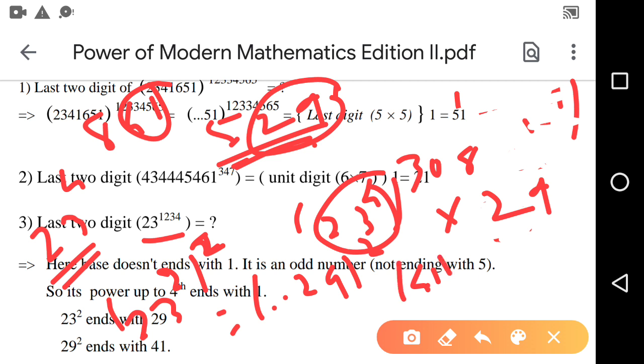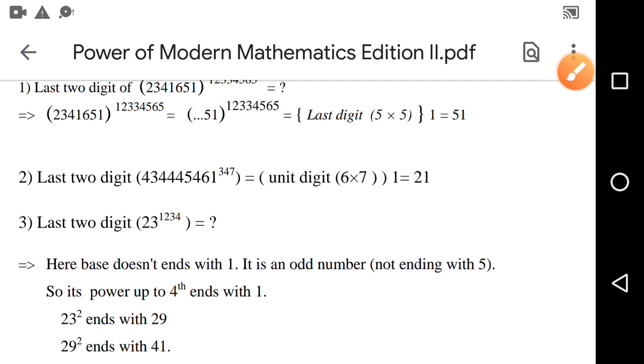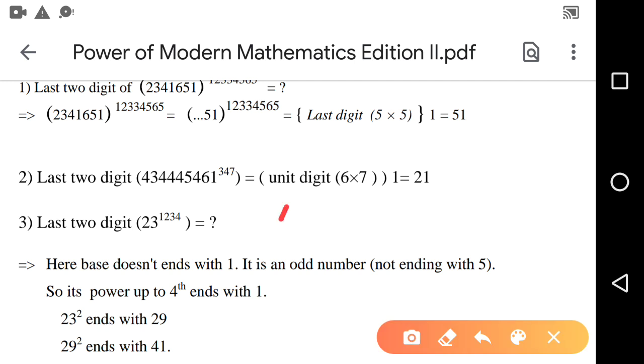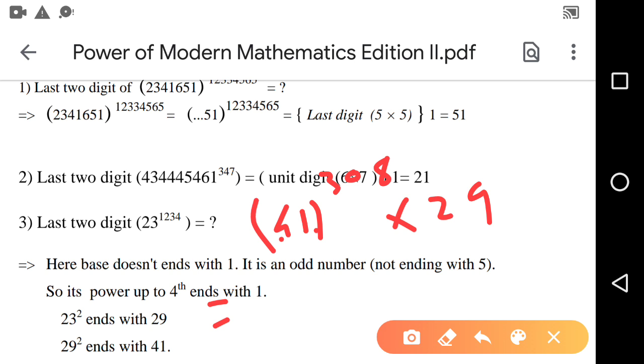So 41 raised to 308 into 29. Now what is 41 raised to 308? It ends with the last digit 8 times the tens digit of the base ending with 1.